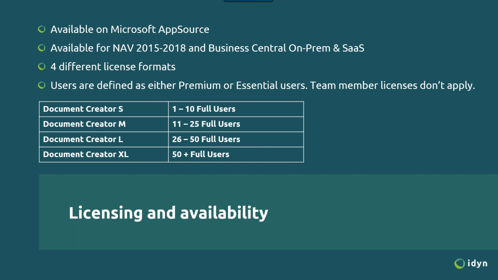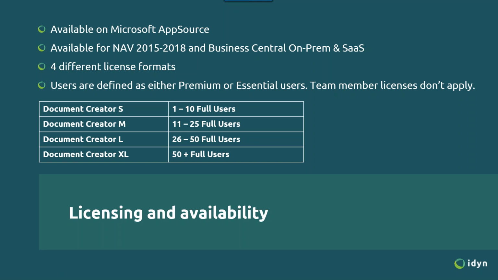We have 4 different license formats, which are all linked to the number of full users that are part of your installation. You can read it here on the screen: the small, medium, large, and extra large installations. Please note that when we talk about users, we are not talking about team member licenses, but only full users are counted in this overview.